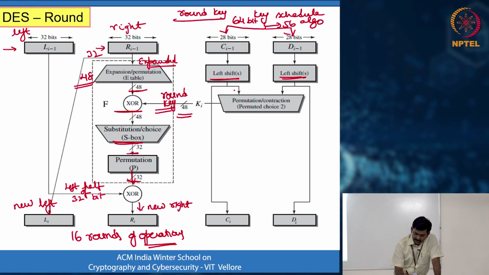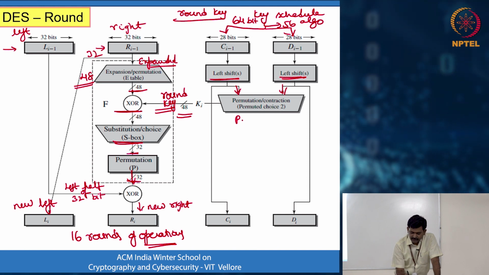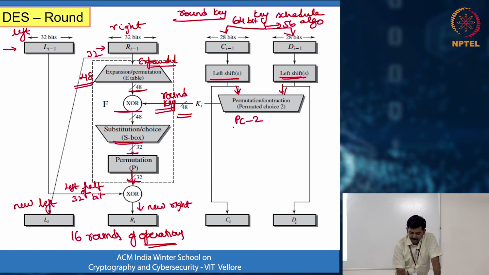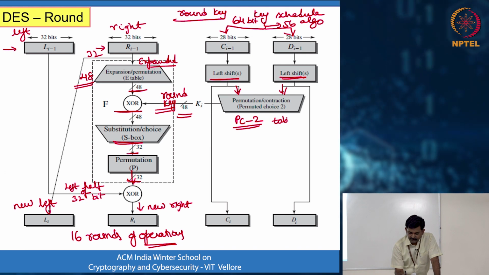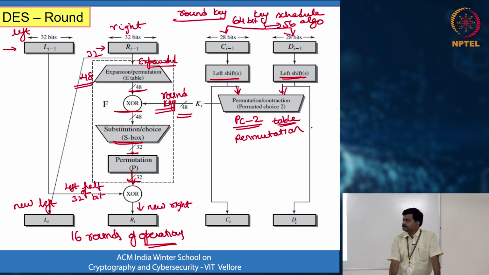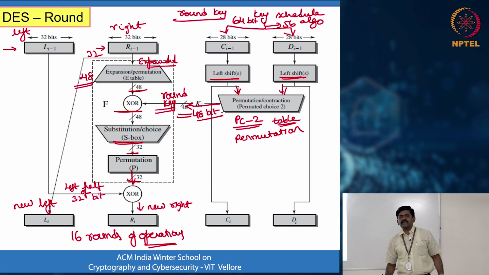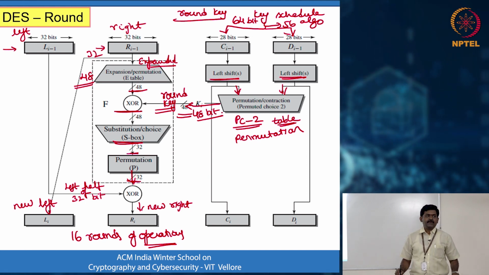That undergoes a permutation operation called permuted choice 2, the PC2 table. The output of that is 48-bit. That is going as the round key.